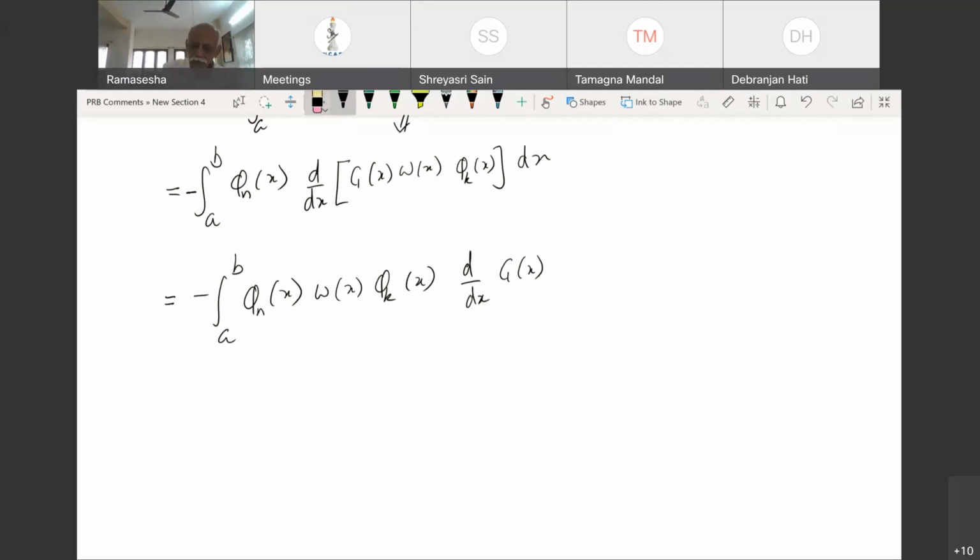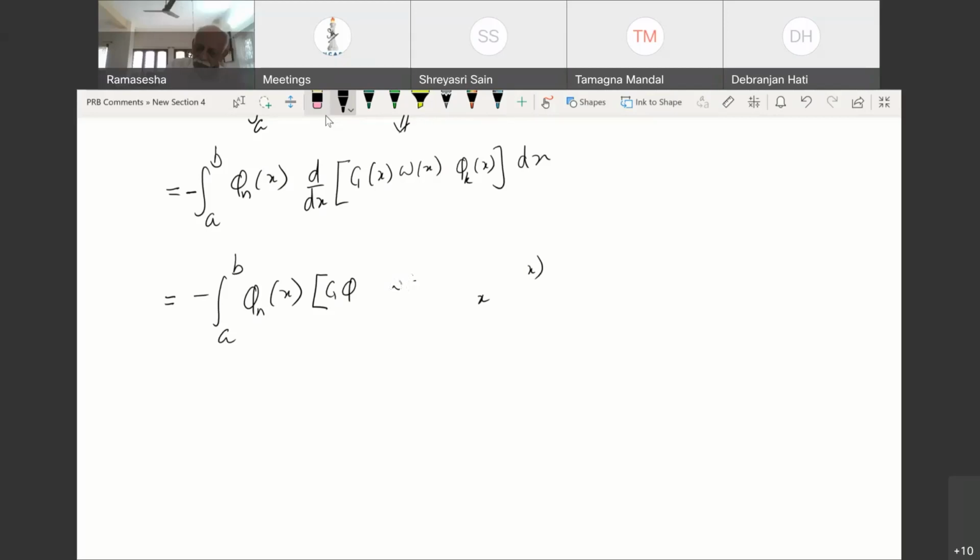Let me do it a little more. Okay, I'll write as p n of x. I will take w(x) outside, then write as p k prime w(x). That's the first term. That is, I have these sets together, differentiated.